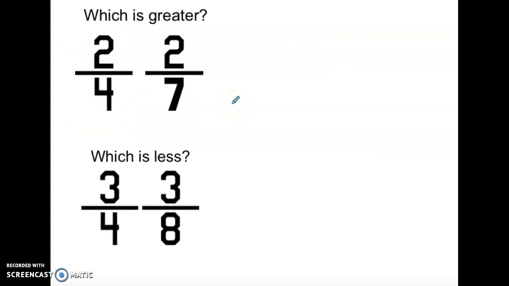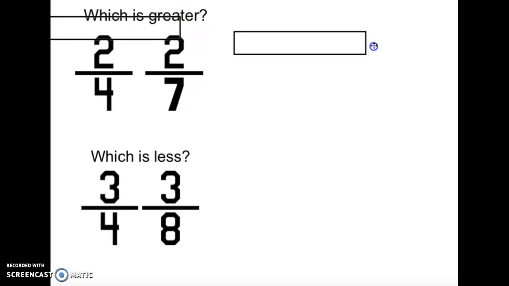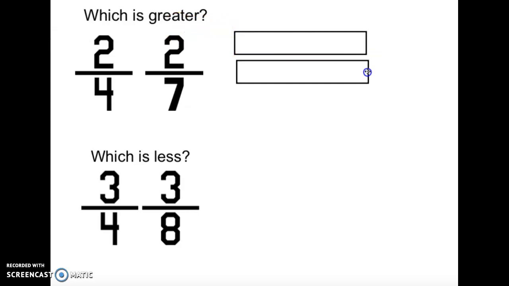We have to figure out which one is greater, and now we don't have the same bottom number, we have the same top number. So we still have a whole piece of something. So that's still the same. But now, when we do this, our first one, we have 4 pieces.